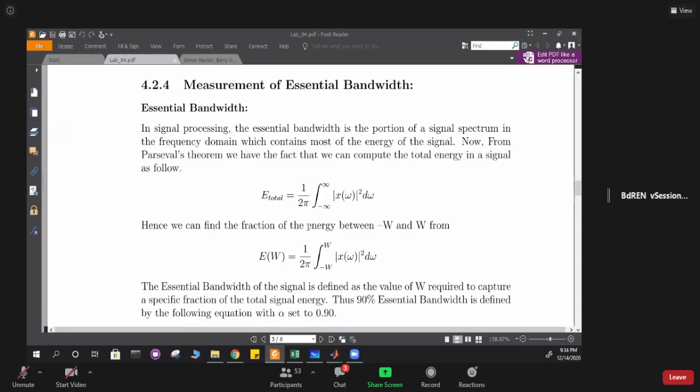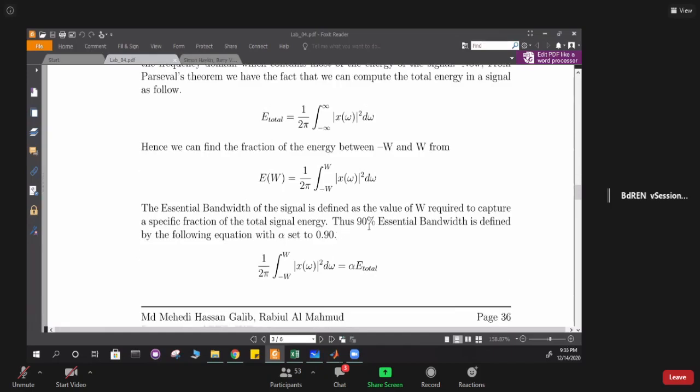And if we want to find the fraction of energy between minus W to W, then we can write this equation with the variable W. So here from minus infinite to infinite, we have changed to minus W to W. And if we want total energy, then we need the spectrum from minus infinite to infinite.